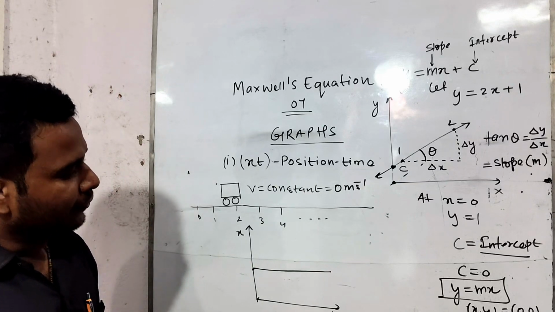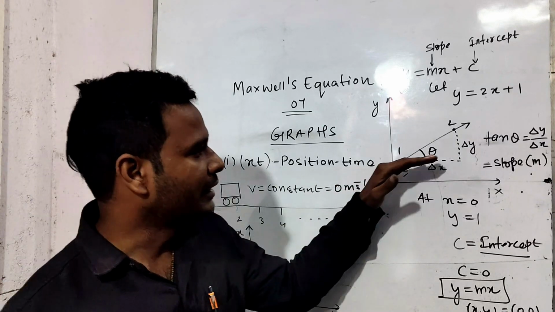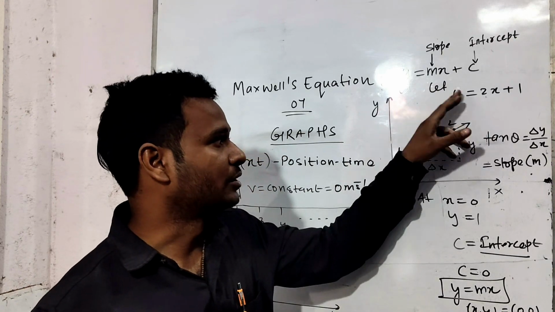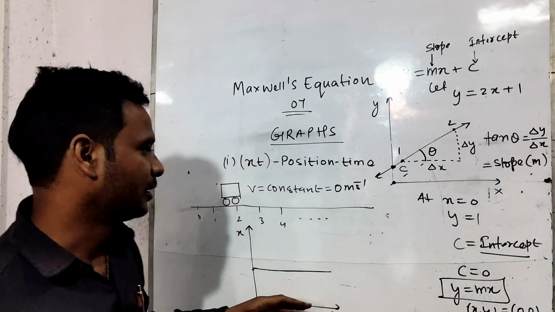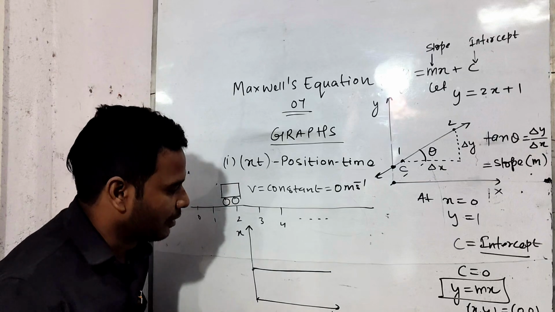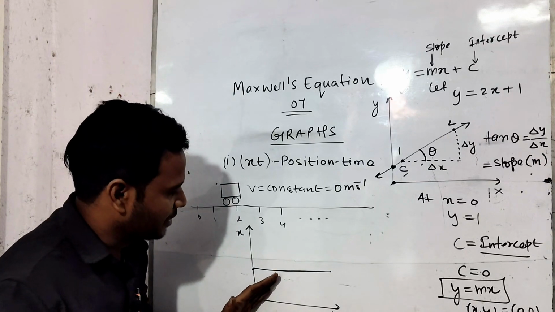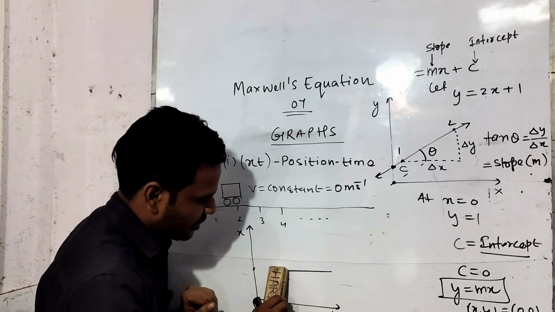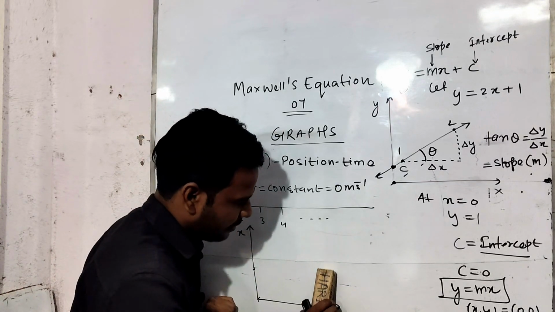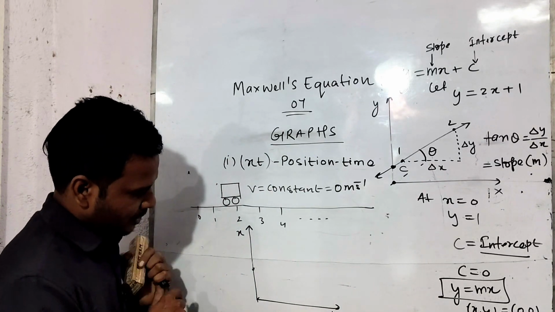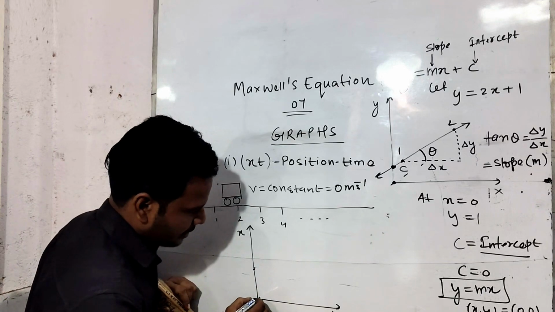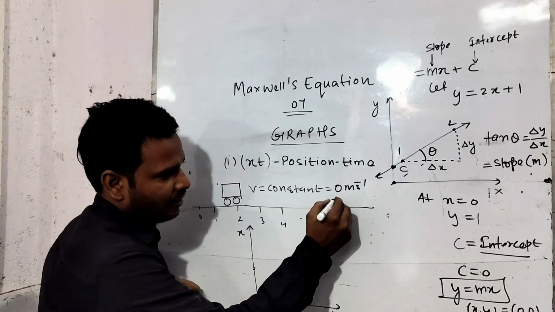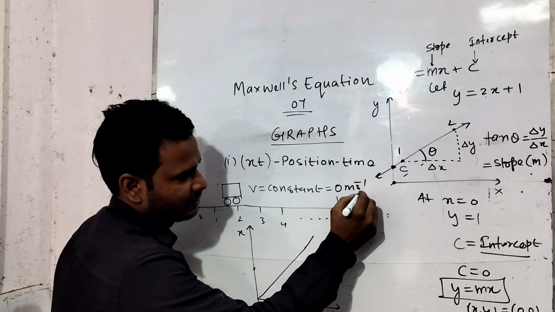But if theta is not 0, then m is not 0, therefore with time its position changes. And if its position changes every second with the same magnitude, it means constant velocity, say 10 meter per second.